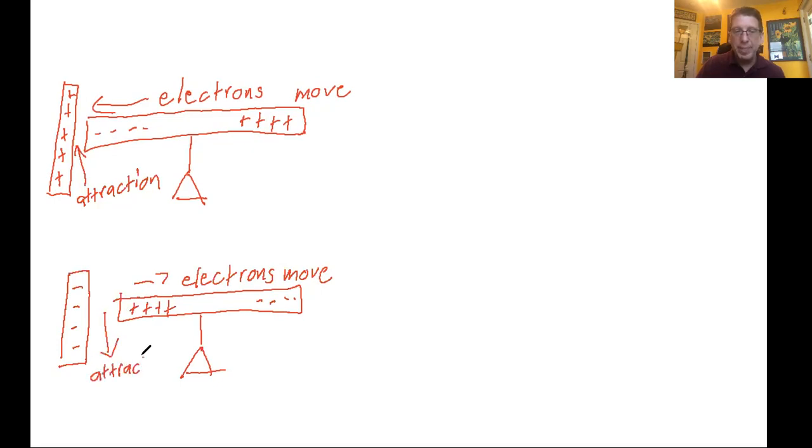So when you're talking about induced electrical charges, you're always going to get an attractive force, whether you put a positively charged object near the neutrally charged object where the electrons can move freely, or a negatively charged object. It doesn't matter. You always get attraction, and that's a very important concept.